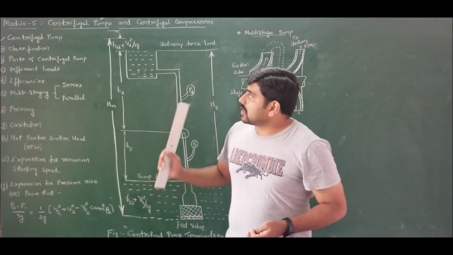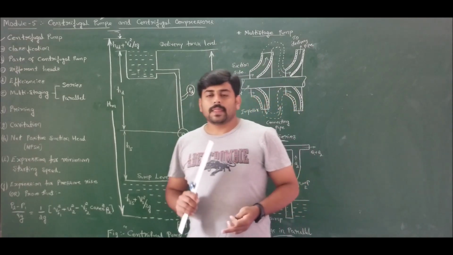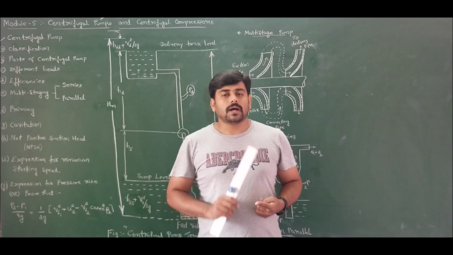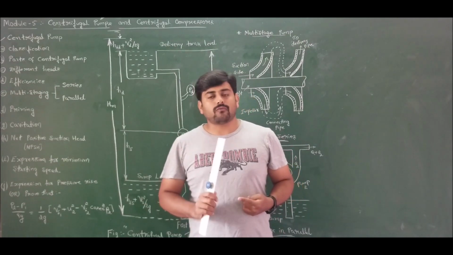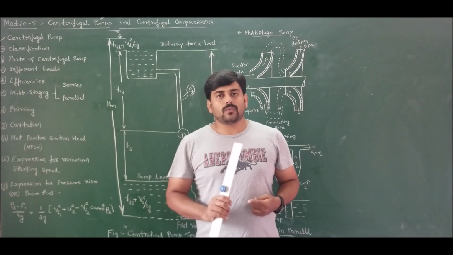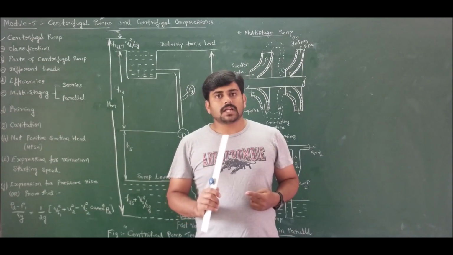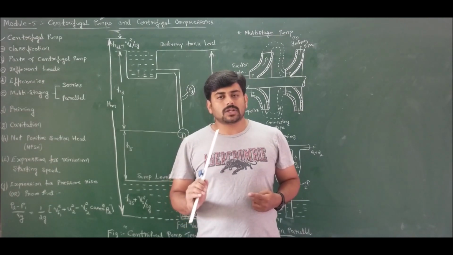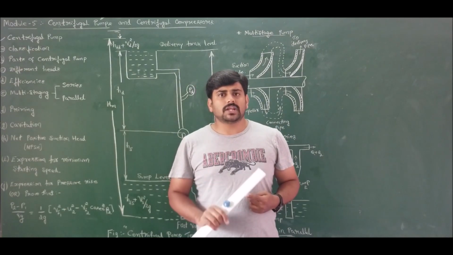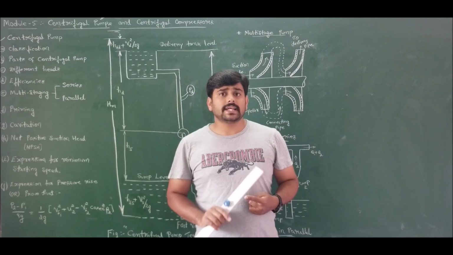Next, coming to classification under centrifugal pump, the centrifugal pumps are classified as backward curved vane centrifugal pump, radial vane centrifugal pump and forward curved vane centrifugal pump. For backward curved vane centrifugal pump, the vanes are curved backward, or in the direction opposite to the direction of rotation. Whereas for radial vane centrifugal pump, the blade angle is 90 degree.